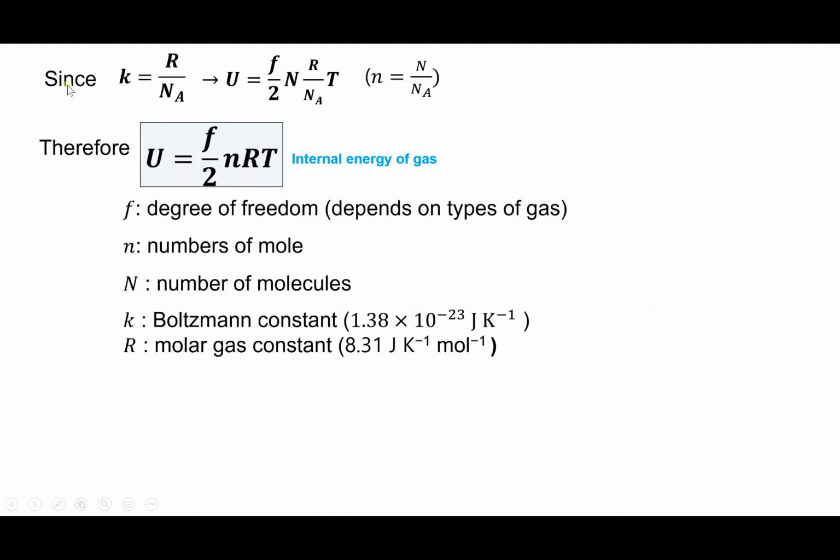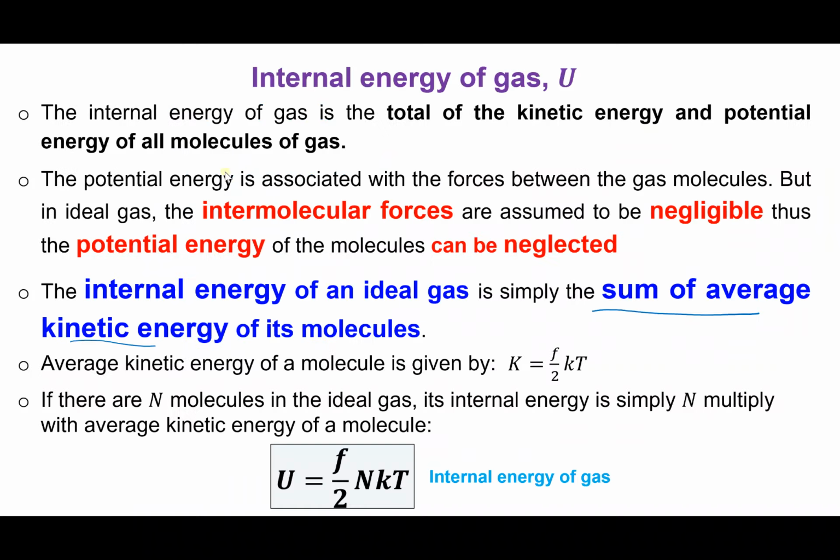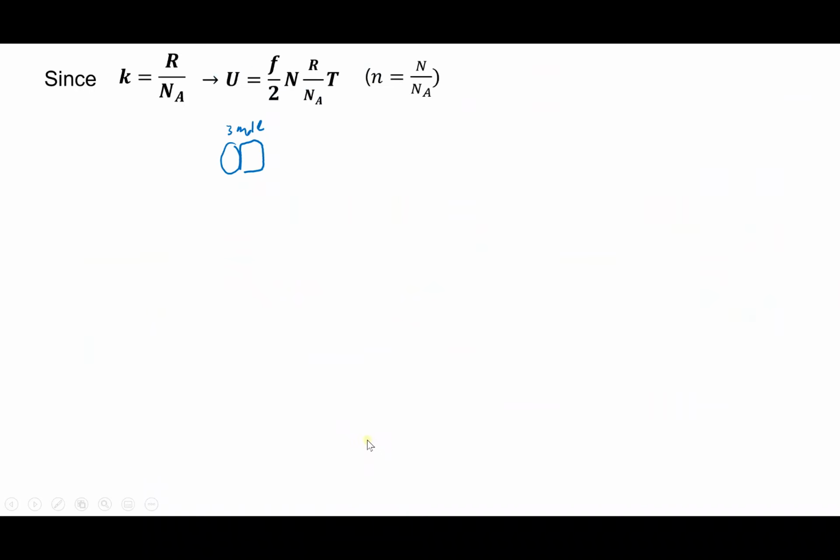Okay. Tetapi kalau you ada n number of moles, contoh 3 mole, so you akan darab dengan 3 mole, tetapi you akan guna constant you adalah 8.31, which is gas constant. Tetapi kalau tadi you ada guna number of molecules, okay, so basically you akan guna capital N dan you darab dengan Boltzmann constant. Okay.